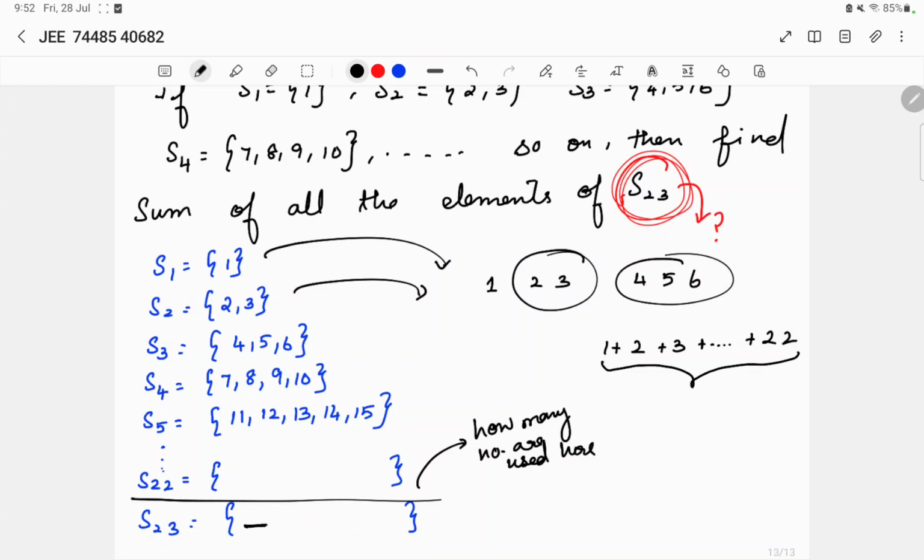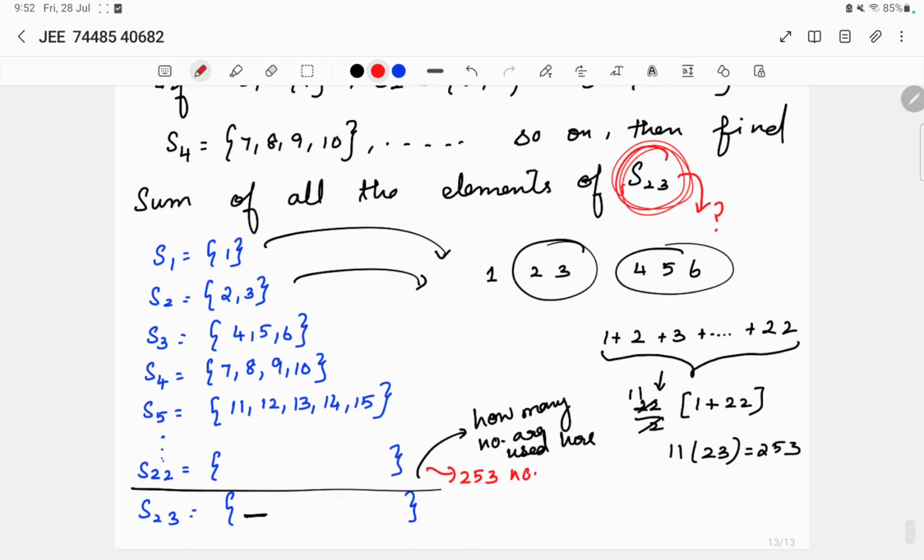This is nothing but the sum of 22 terms. So it is n by 2, 22 by 2 into first term plus last term. So it will be 11 into 23, which is 253. So till here we have used 253 numbers.